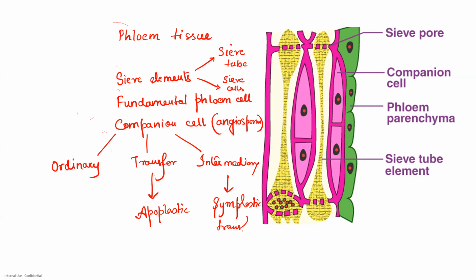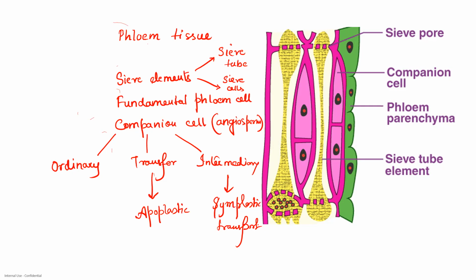Correct? So one is doing apoplastic transport, the other is doing symplastic transport of sugars from the mesophyll cells to sieve elements. Clear?